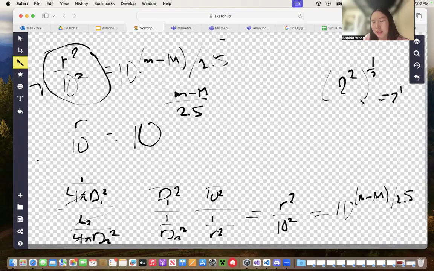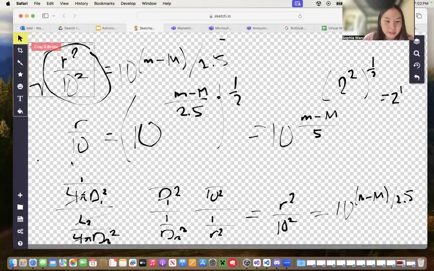And this also makes sense if you notice that the square root of 2 squared is just going to be 2. So we're just going to take the 1/2 power of this whole thing, and that's just multiplying these two exponents together. So you end up with 10 to the m minus M over 5. Everyone see how I did that? Because 2.5 times 2 equals 5.